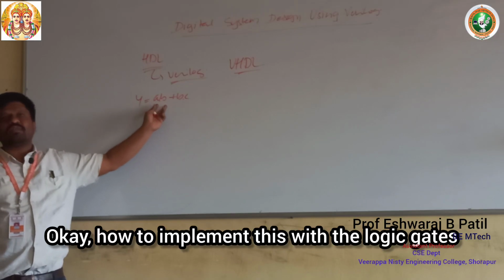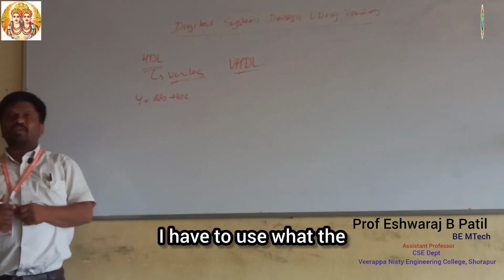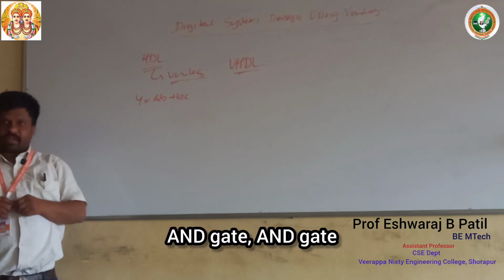How to implement this with logic gates? For the dot operation I have to use the AND gate.